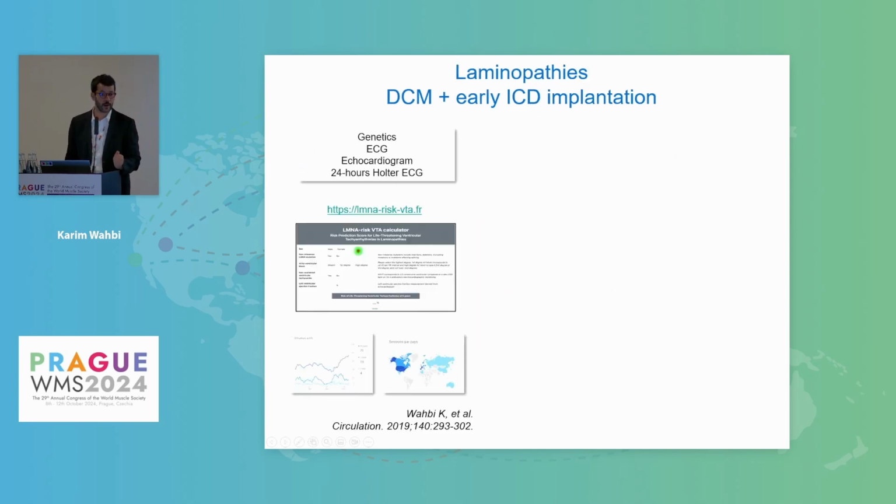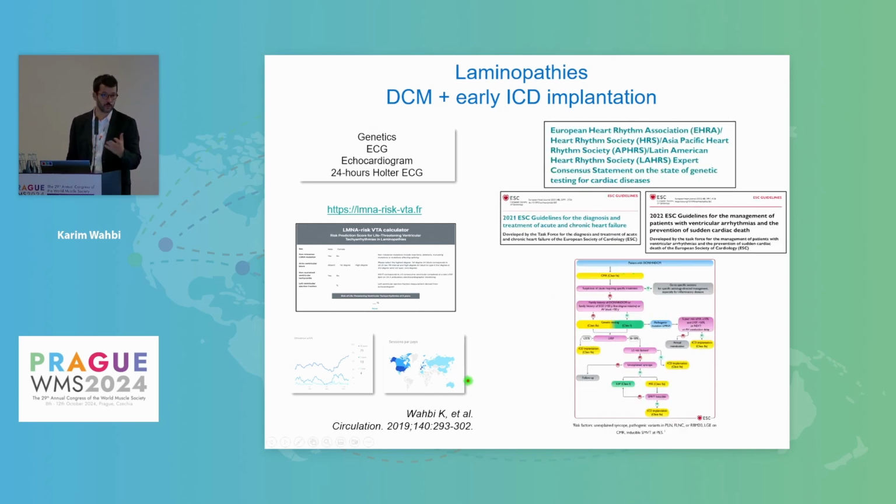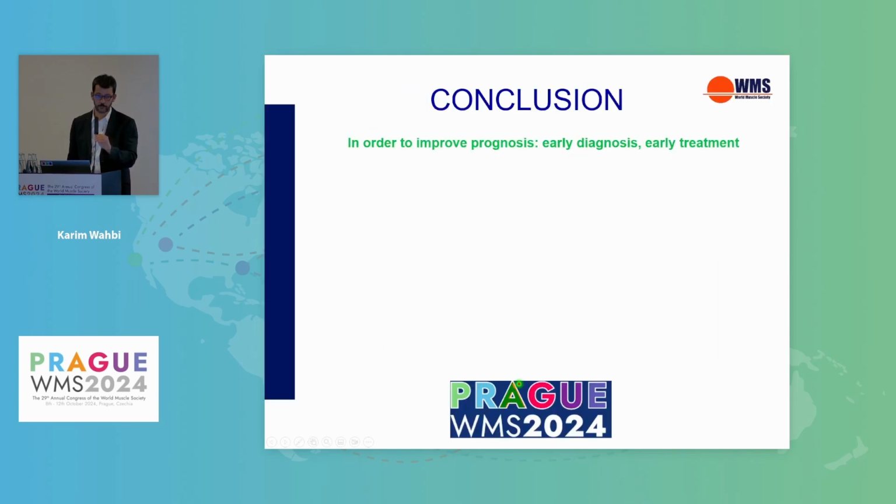You enter a number of parameters: the patient sex, the type of mutation, the ejection fraction value, whether patients have conduction defects, and you have an estimation of the risk at 5 years of events. And now there's a global consensus to recommend systematically an ICD in patients who have a risk of more than 10%. And there are a number of other conditions at high risk for sudden cardiac death due to ventricular tachyarrhythmias.